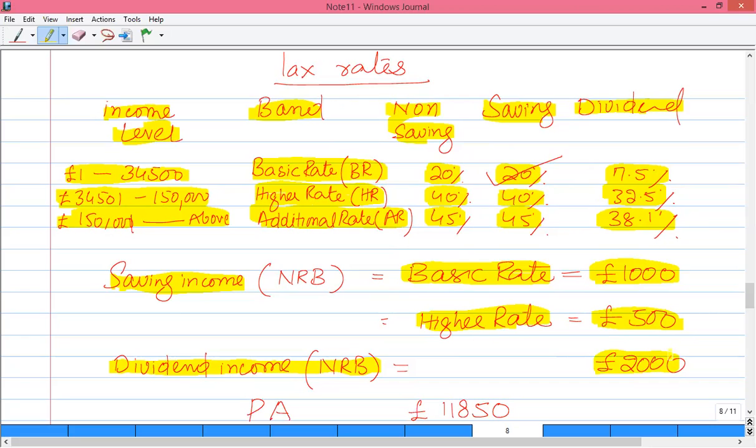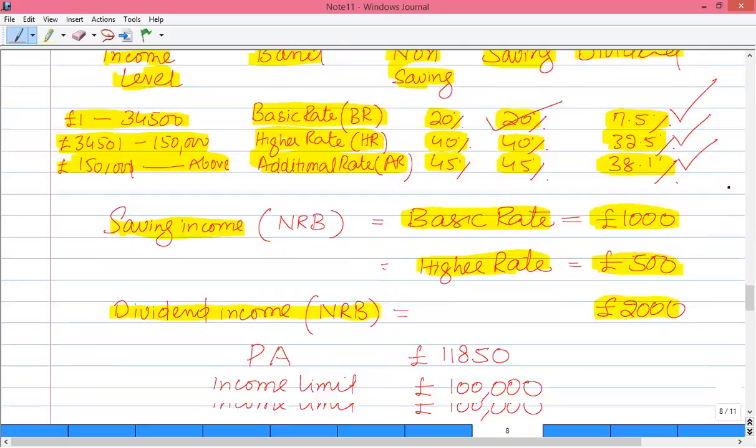It means that your first 2,000 of dividend income would be taxed at 0%, and afterwards your remaining dividend income depends on the band. If you are in the first band, the remaining dividend income is taxed at 7.5%, then 32.5%, then additional 38.1%. So these nil rate bands are very useful in terms of tax planning and in terms of availing personal allowances; you have to consider the saving nil rate band and the dividend nil rate band.